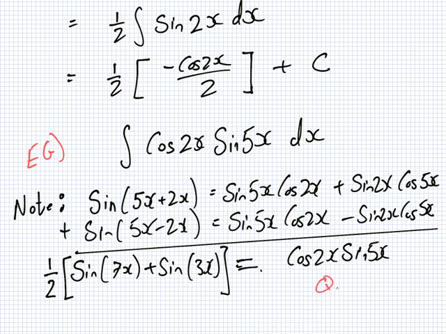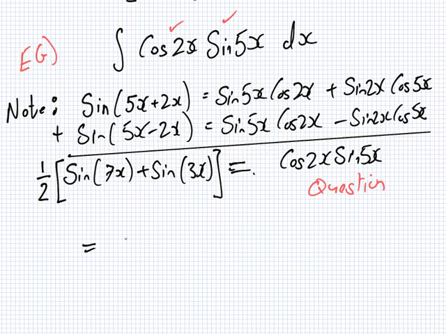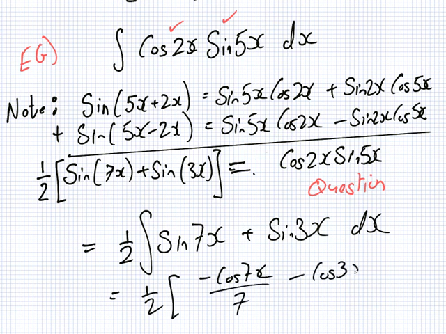But this is what I have in the question: cos 2x sine 5x. So what I can do is change this into a half integrate sine 7x plus sine 3x dx. And now I'm finished because this just becomes a half, minus cos 7x over 7 minus cos 3x over 3 plus c.